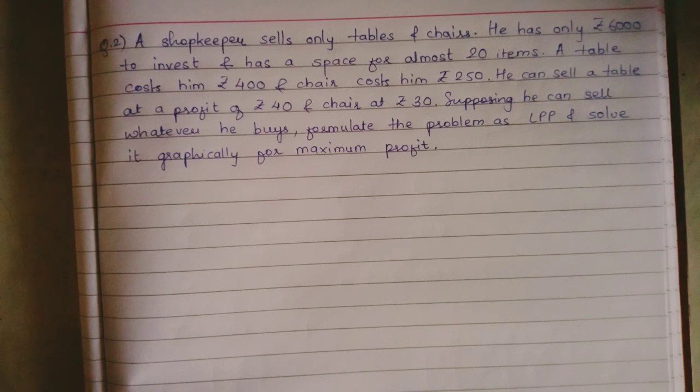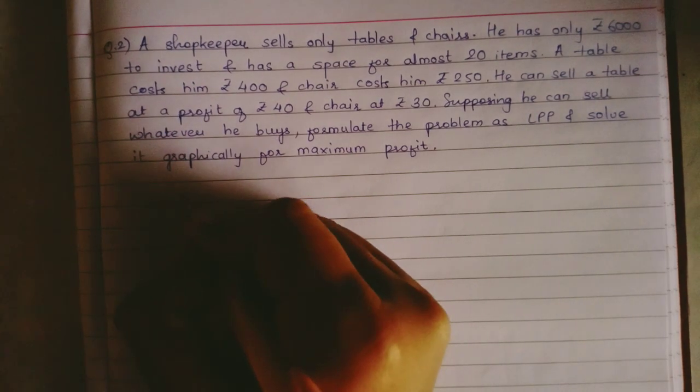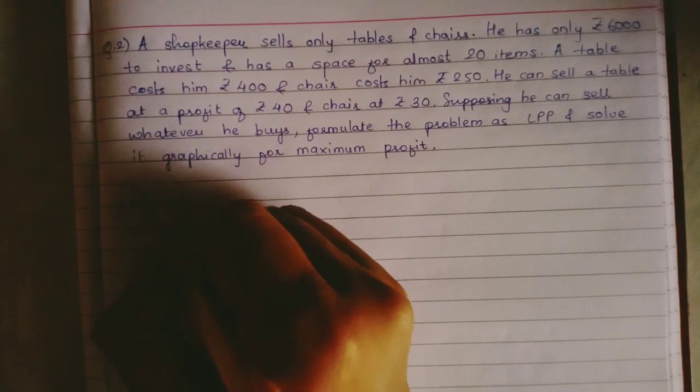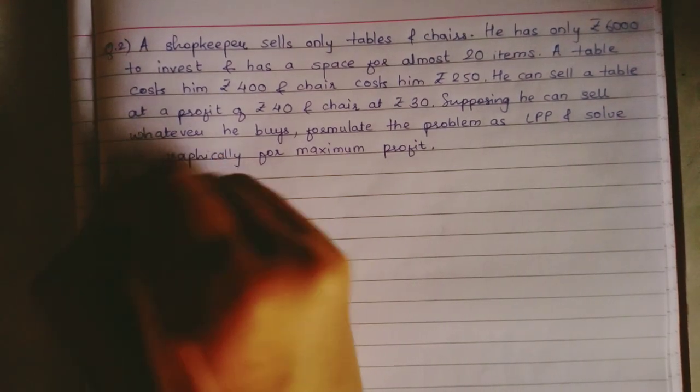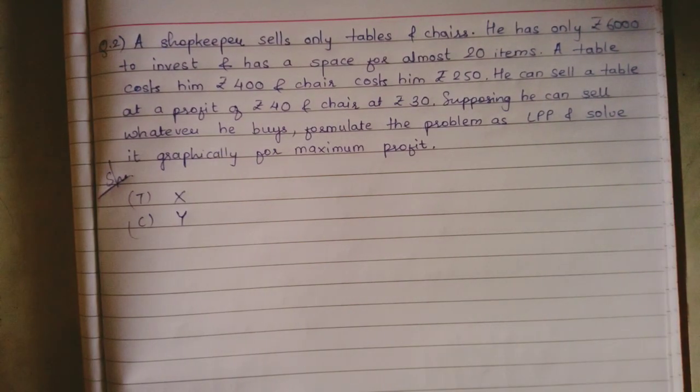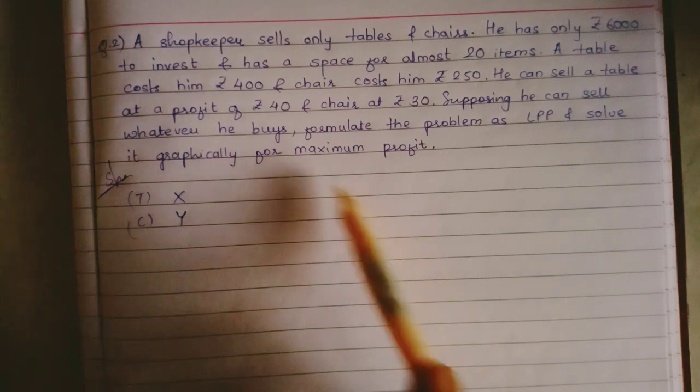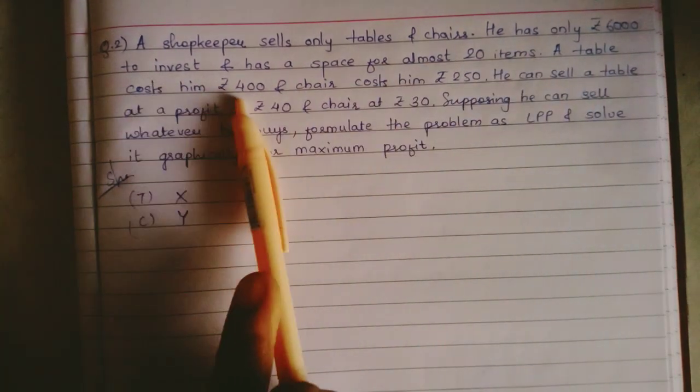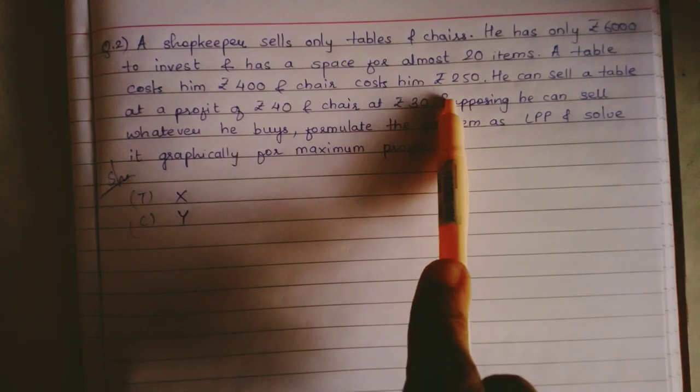Now here we have to take table and chair, right? So table and chair we can take as x and y. This is for table, this is for chair. Now we are given the cost, that is a table costs him rupees 400 and chair 250.